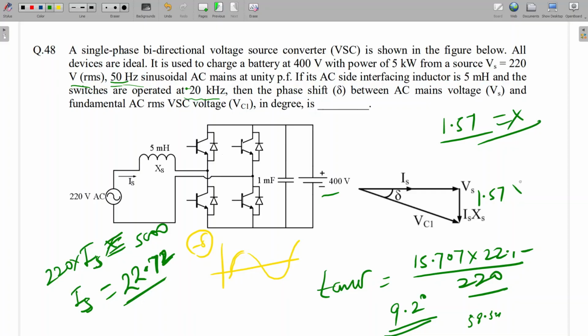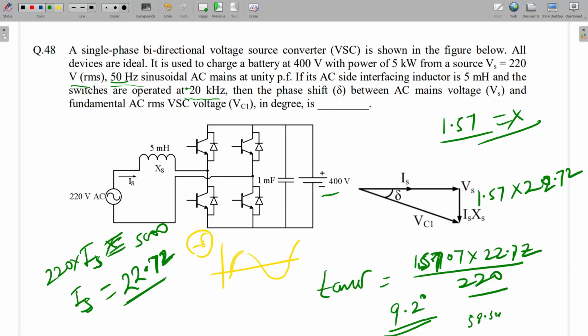Okay. 1.57 into 20 will be 22.72 will be the I A axis. So here it will be 1.5707 into 22.72 divided by 220.